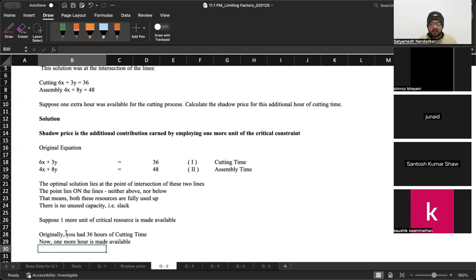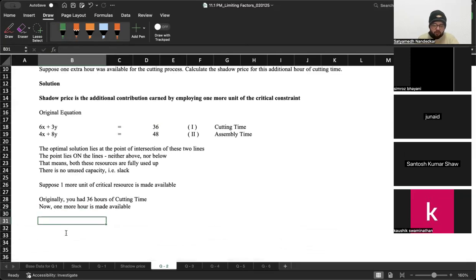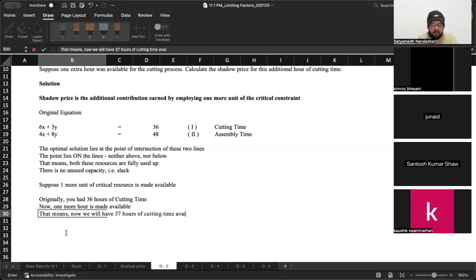Originally you had 36 hours. Now one more hour is made available. Okay. So that means now we will have 37 hours of cutting time available.